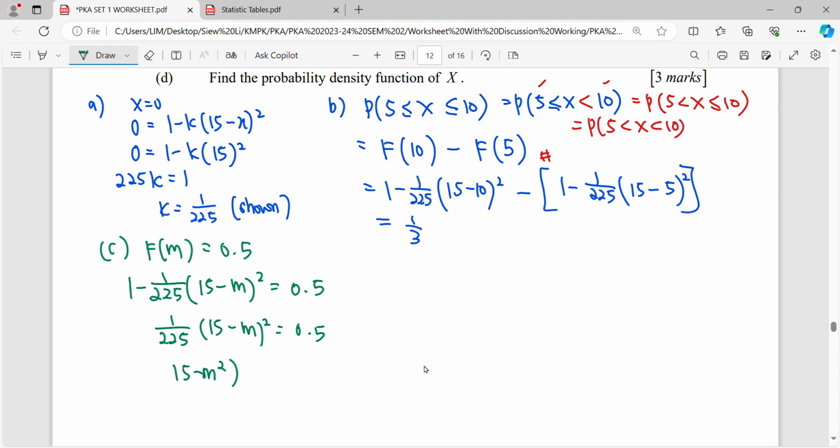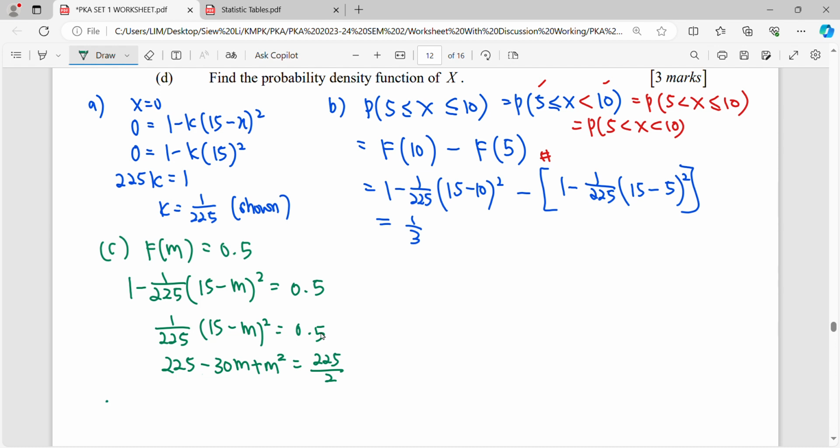Show your equation first, so we cannot solve it straight away. Expand this: 225 minus 30m plus m squared. The 225 times to the right hand side, for this fraction, it will be 225 over 2. So we want a quadratic which is without decimal, without fraction.